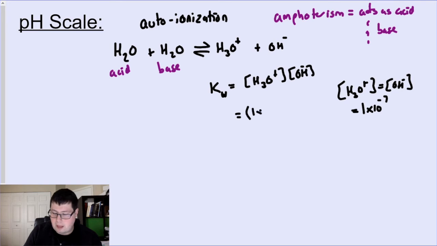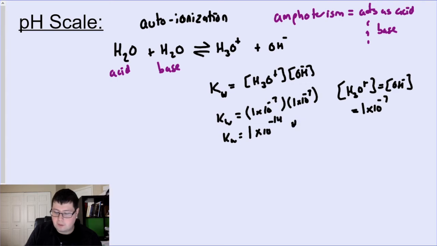So that's going to imply, if we plug that into our expression here, 1 times 10 to the minus 7th times 1 times 10 to the minus 7th, that our Kw is equal to 1 times 10 to the minus 14th. And this again is at 25 degrees Celsius.